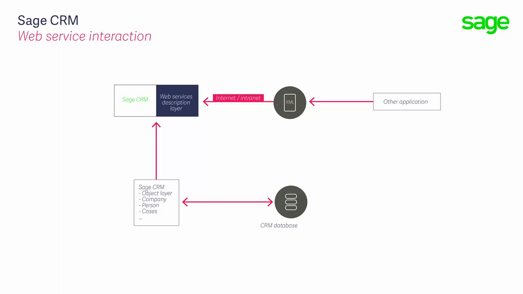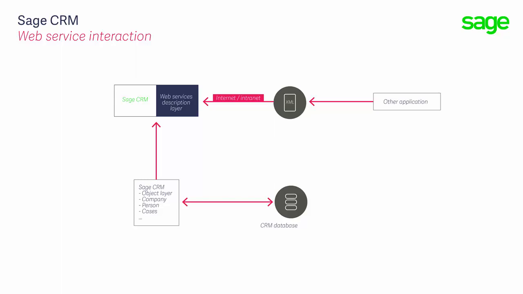It's a standard format that Sage CRM uses to publish the object types and methods that are exposed by Sage CRM. SOAP and WSDL are industry standards, so they're by no means special to Sage CRM, but what is defined using them is unique to Sage CRM.